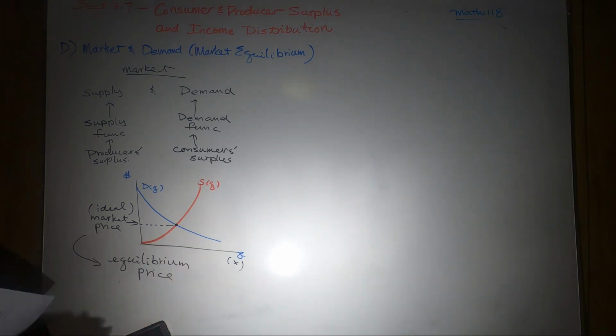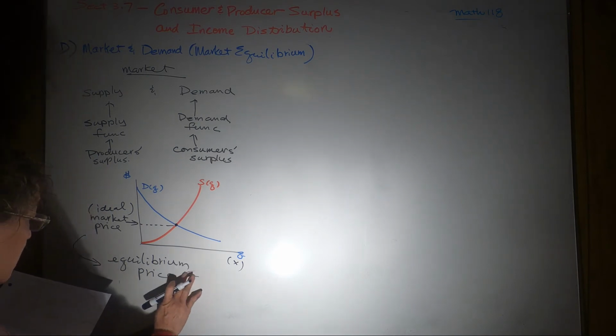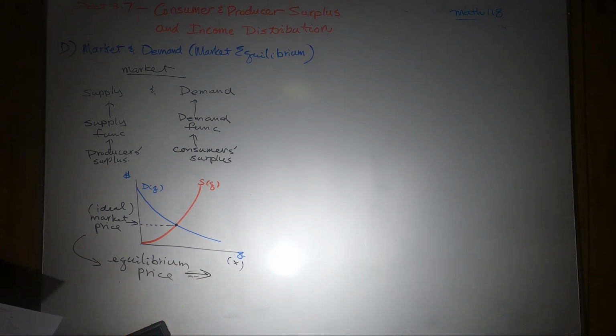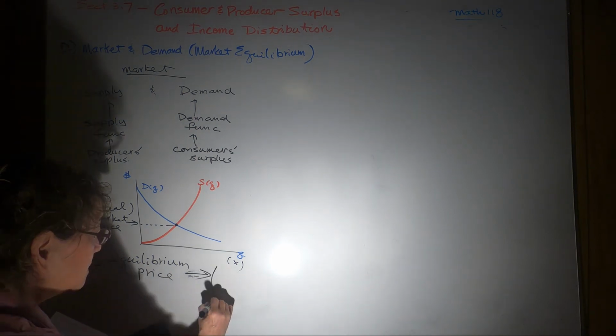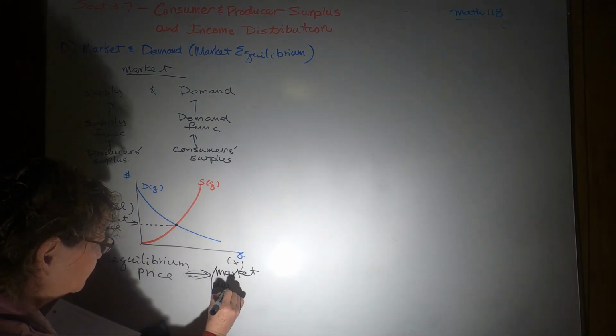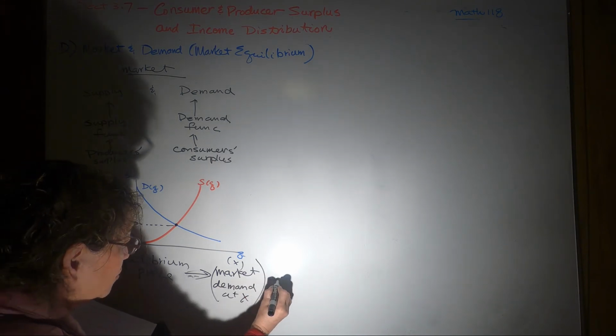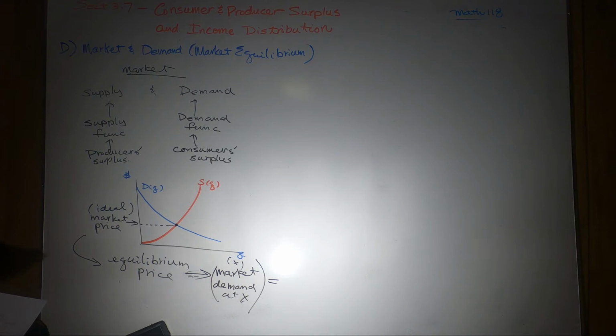Where is the balanced price? Where do the demand and supply meet? So it means for this price, we want to find the equilibrium price. That would be the ideal price. That would be the market demand at x, right? That would be where the supply and demand curves intersect.